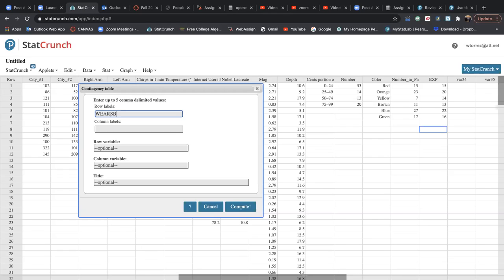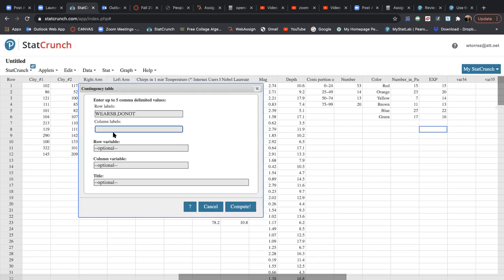I'll abbreviate seatbelt with SB. And then the second row label will simply be do not wear seatbelt. We'll just leave it as do not.